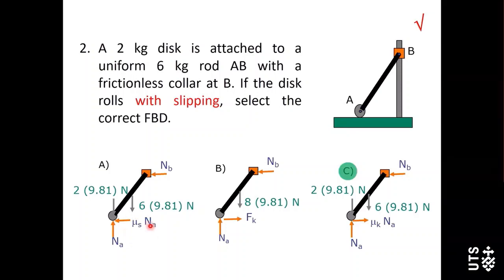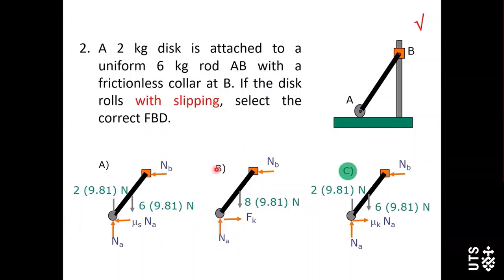But here, mu s means static friction coefficient, and that means this friction force is a static friction force. So this is wrong. And also, the direction of this friction force is wrong. It should be to the right side, but not the left side.